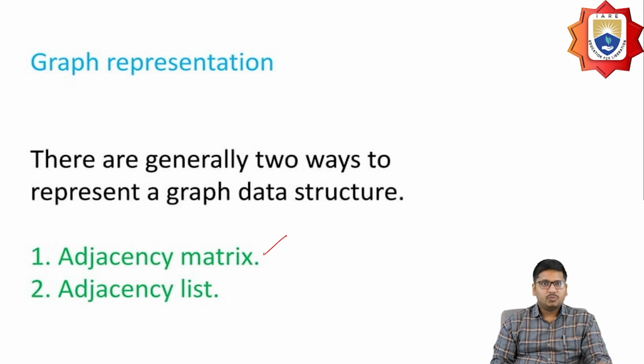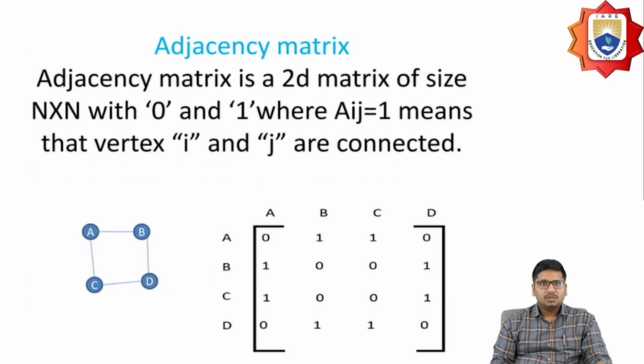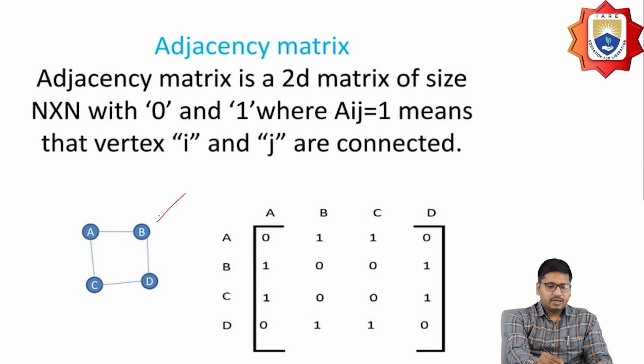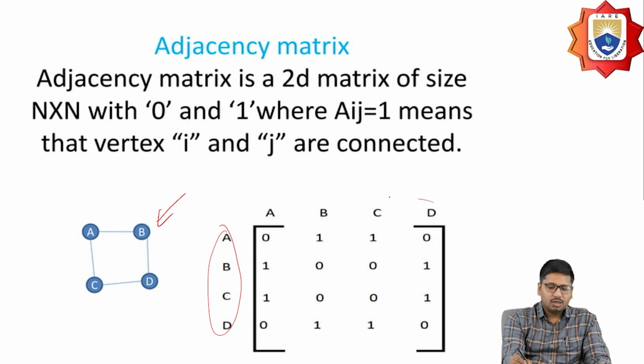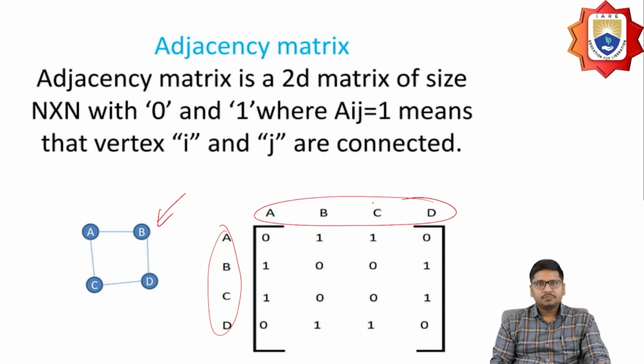The adjacency matrix is a 2D matrix of size n by n, filled with either zeros and ones, where the entry for i and j is 1 whenever vertex i and vertex j are connected. Suppose this is the graph, with the number of vertices being 4, so I consider 4 along the rows and columns.